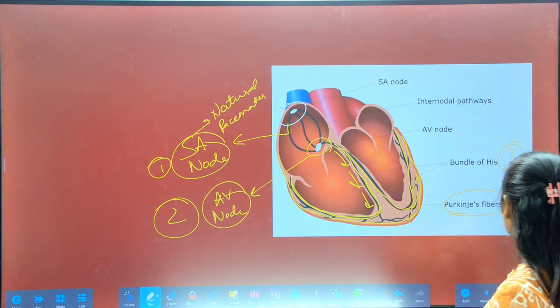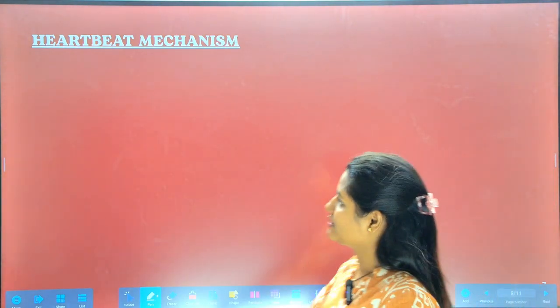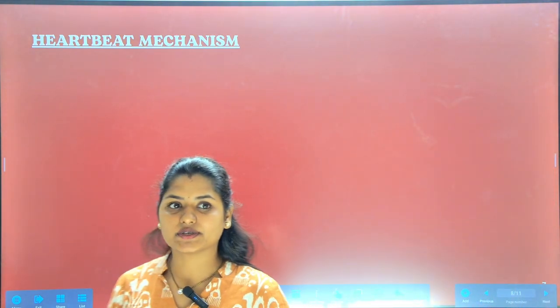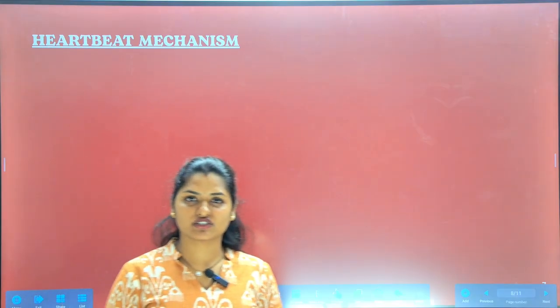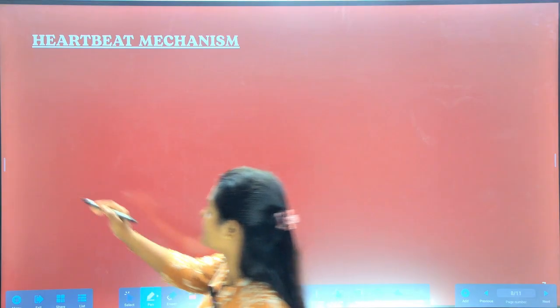Now coming to the heartbeat mechanism. Here we have systole and diastole. These are the two terms which you should remember, and they are very important.